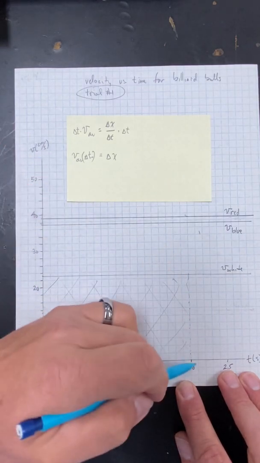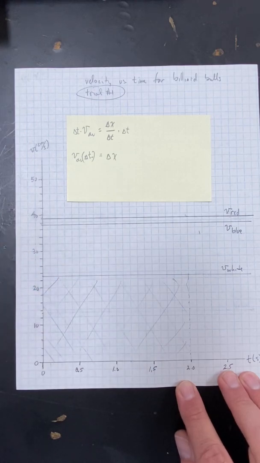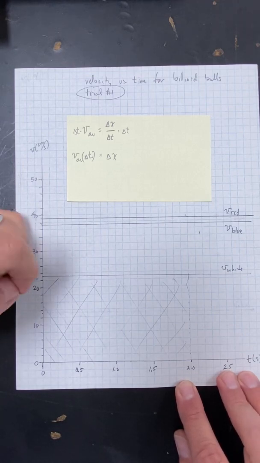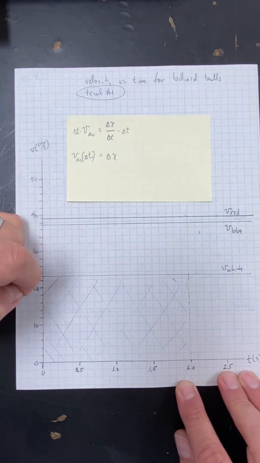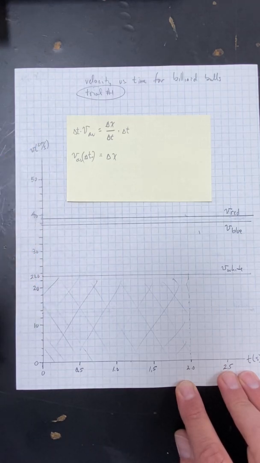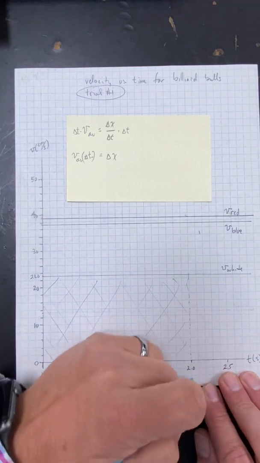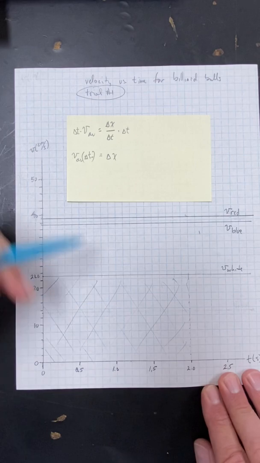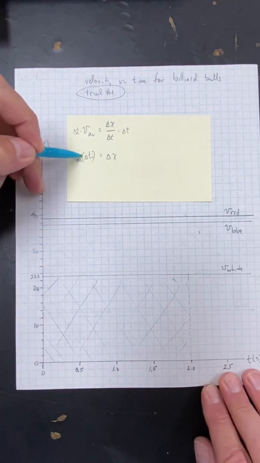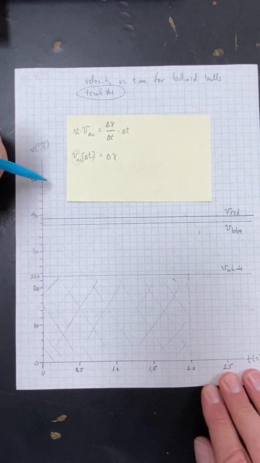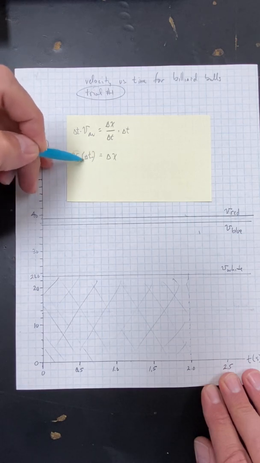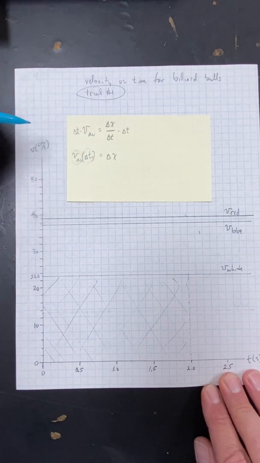I've shaded in an area, and this happens to be a rectangle. That rectangle has a height of, looking at my data, 23.6 centimeters per second. And it's got a width of 2.0 seconds. So look here, this is actually the height of my rectangle. This is actually the base or the width of my rectangle.